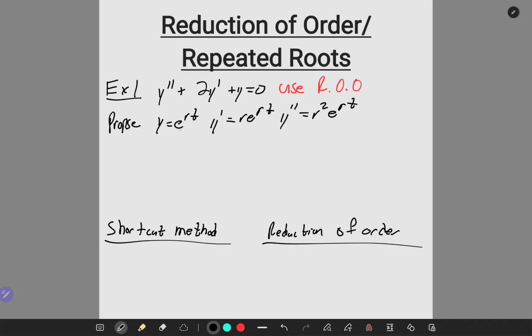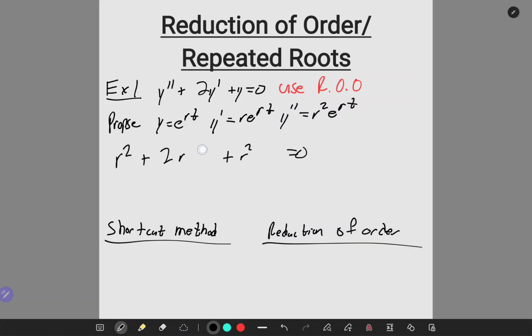we propose y is equal to e to the RT, just like we've been doing. Take the first derivative, second derivative, plug them back into our original equation, and that'll leave us with, if we cancel out all the e to the RTs, r squared plus 2r plus r squared is equal to 0.